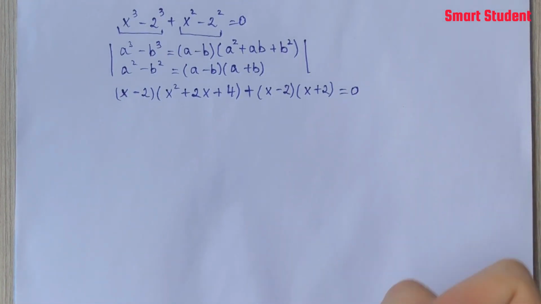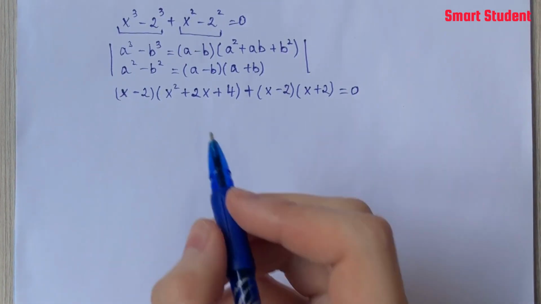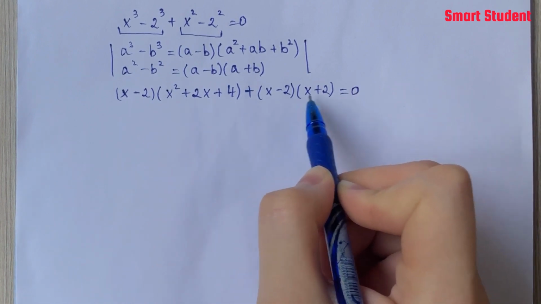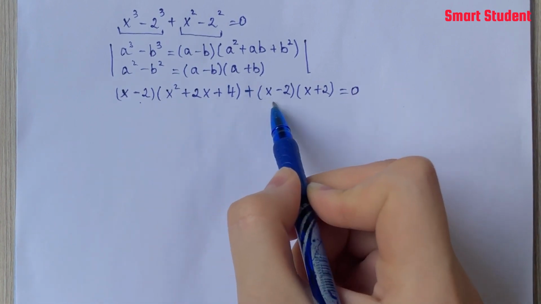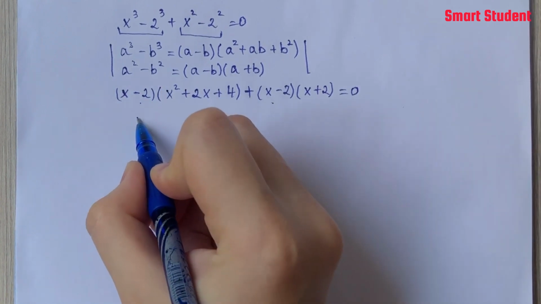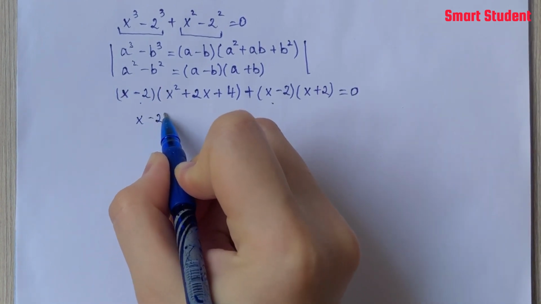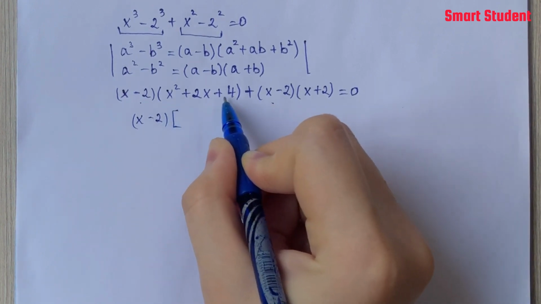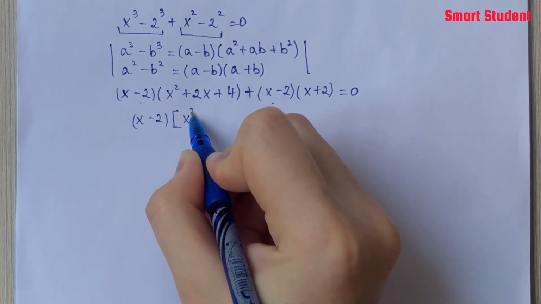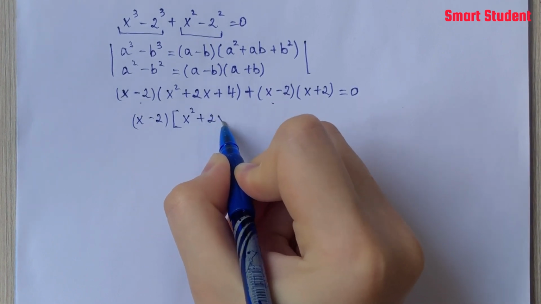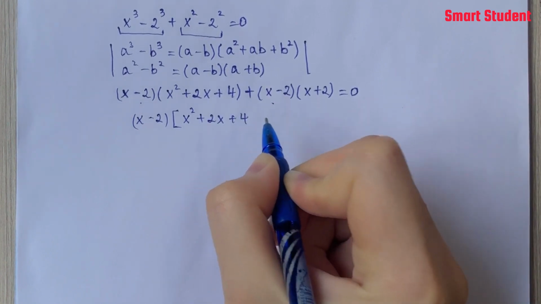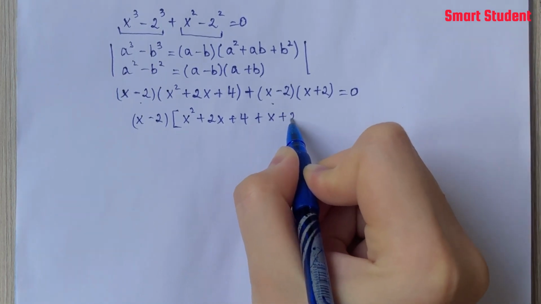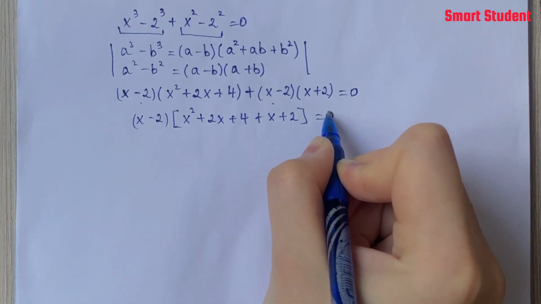Okay, good. What's next? We have this factor x minus 2, which is common to both terms. So what I'm going to do is to eliminate this factor from each term. So we will have this x squared plus 2x plus 4, and also this term here is going to be left with x plus 2 equal to 0.